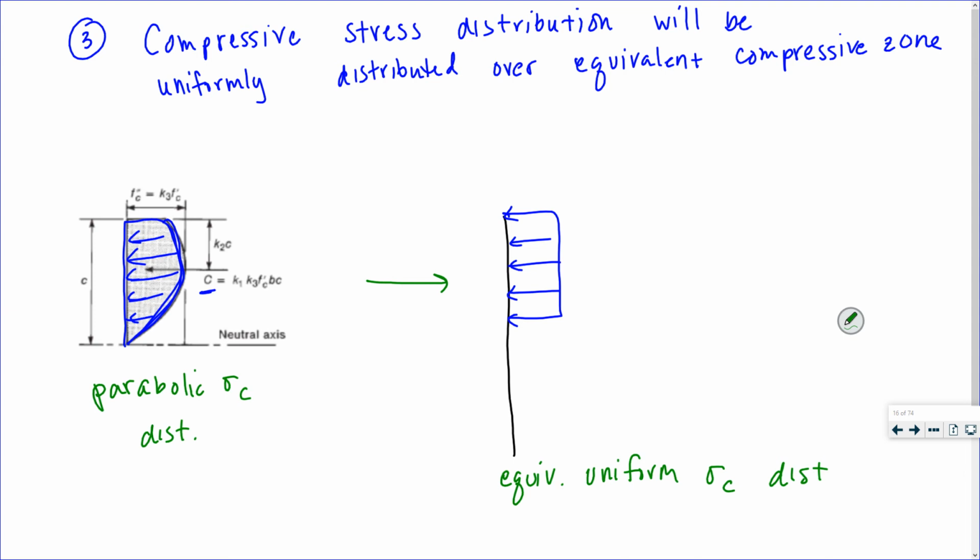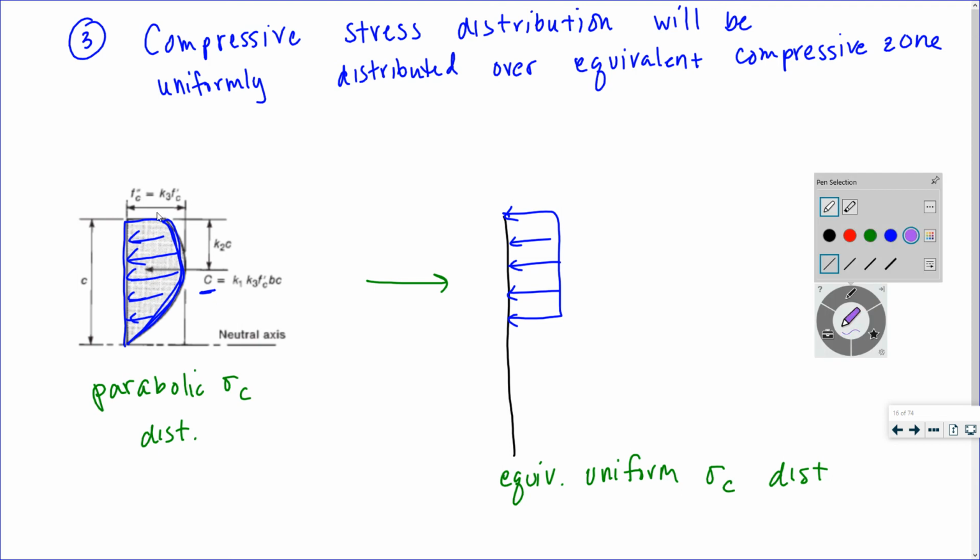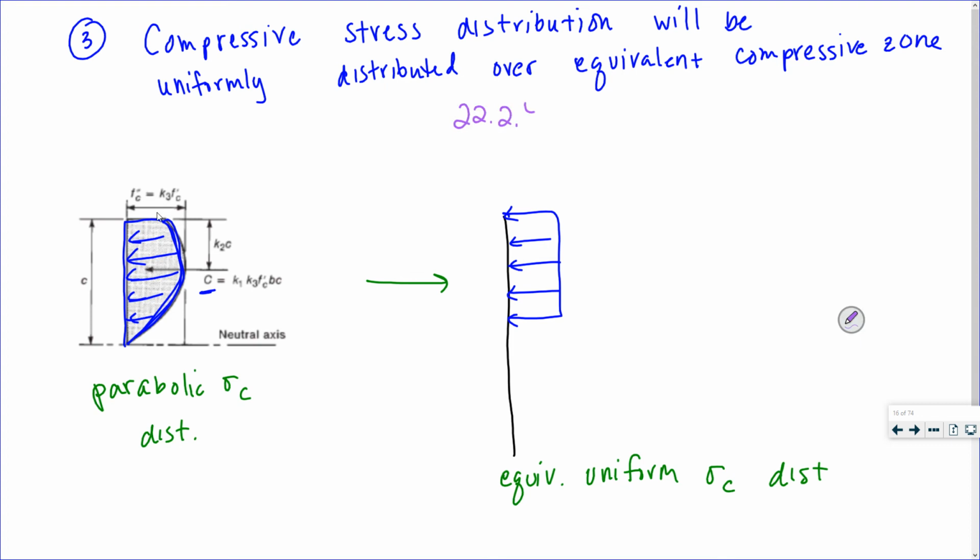It's easier to find an area of a rectangle than an area of a partial parabola. And this is all in ACI 318 22.2.2.4. Continuing down that page of assumptions, page 398.